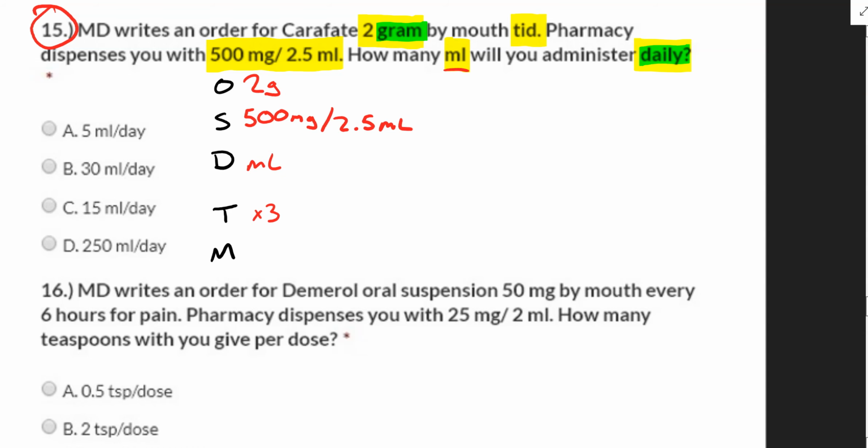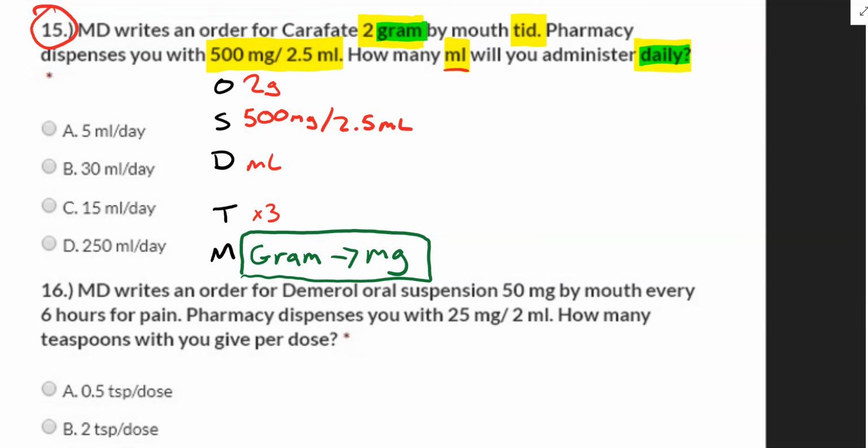And so the memory trick that we're going to have to do here is we're going to need to know grams are equal to how many milligrams. You haven't seen this yet, but you need to be aware that this is a conversion rate, how much goes into how much.